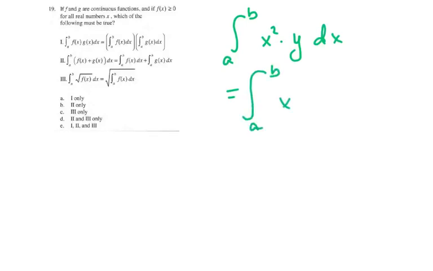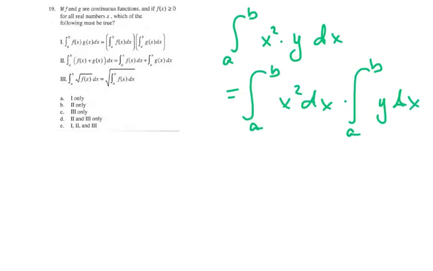Choice one is telling us that if I take an antiderivative from a to b of a function times another function, so let's say I just have x squared times y, I could split that up into the antiderivative of x squared dx times the antiderivative from a to b of y dx.